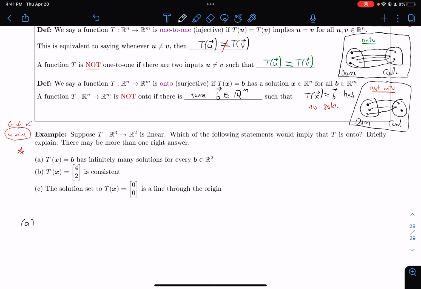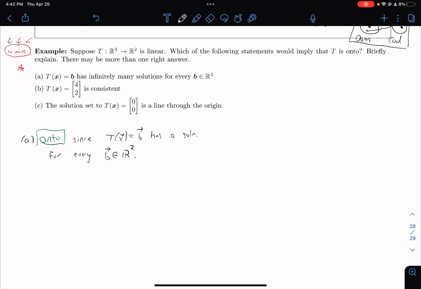So in part A, it is onto, since Tx equals b does indeed have a solution for every vector b in the codomain, and the codomain here is R2. In fact, the problem told me a little bit more than I even needed. It told me not only is there a solution, there's infinitely many of them. But that's still onto.